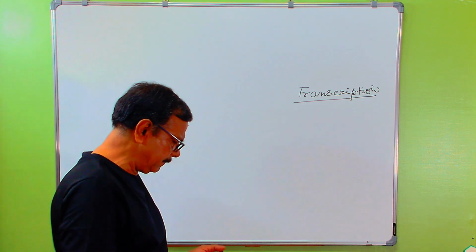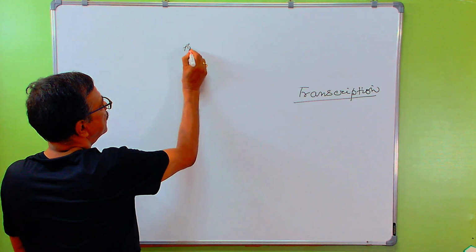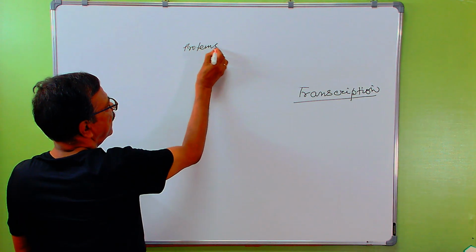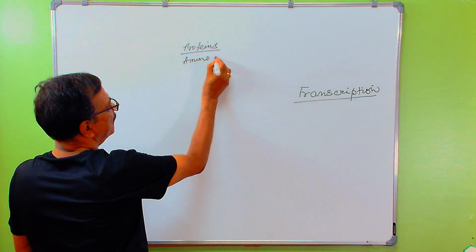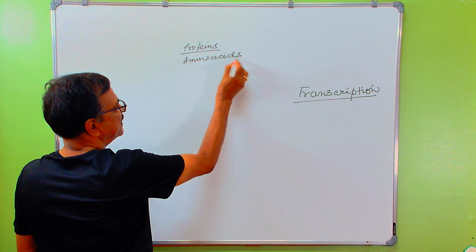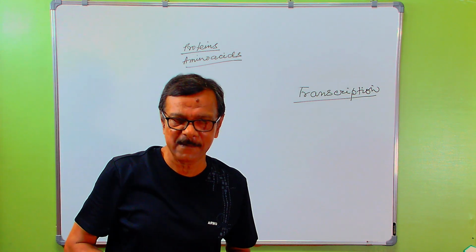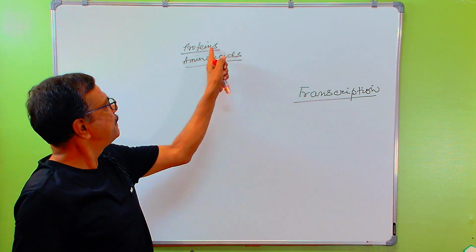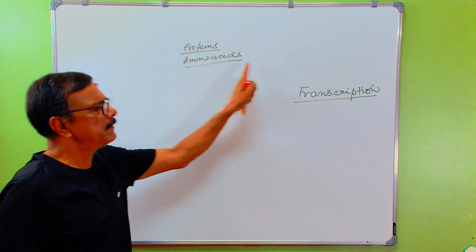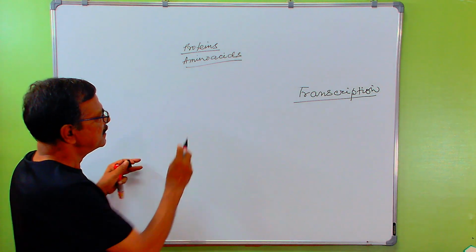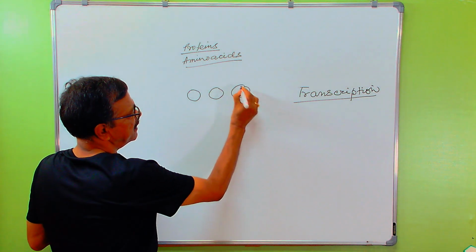Proteins are made up of amino acids. Now we should know what amino acids are. These proteins are linear molecules of several amino acids. Suppose this is an amino acid, this is an amino acid, this is an amino acid.